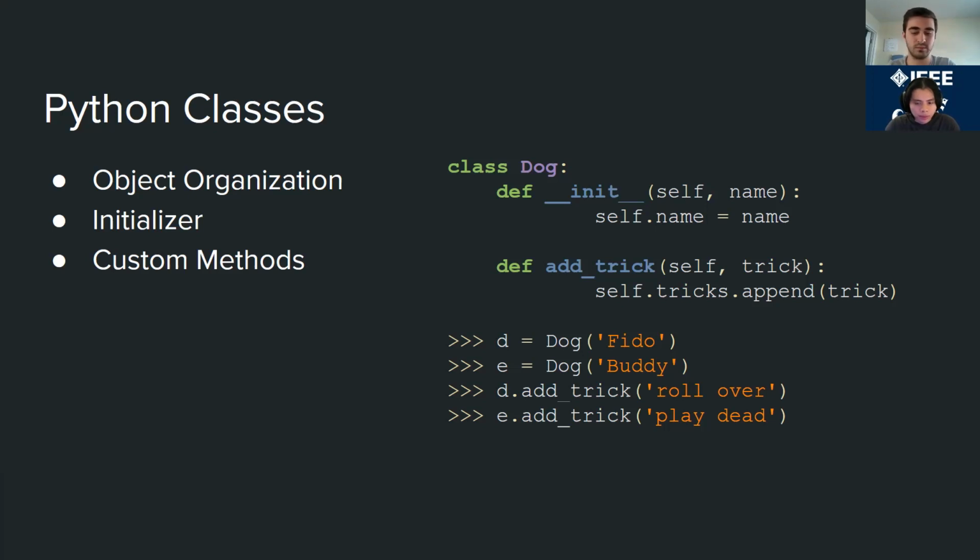Using classes, we can organize these objects to have custom methods that relate directly to the values inside the class. Here we have add_trick, where we can add tricks like roll over or play dead using these method calls. And this is basically how everything we're about to talk about works.